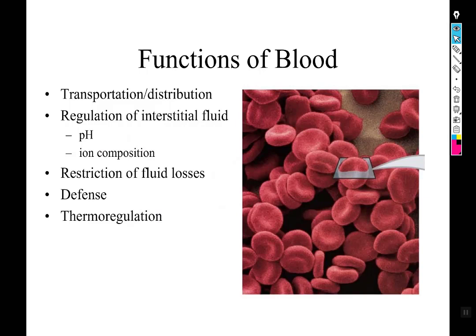If I did not have a circulatory system, that diffusion would take approximately 27 years for one molecule of oxygen to get from my heart to my foot. It's a long time. So we don't have time to wait for diffusion, is the take-home message there.